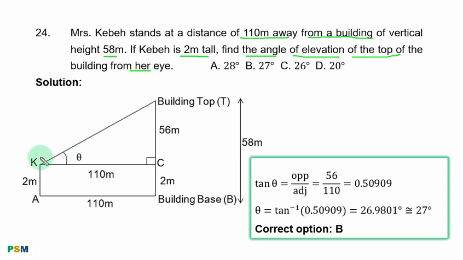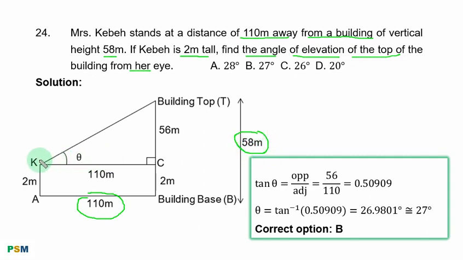Solution. This is Kebe, 2 meters tall, vertical building. The distance of the woman from the foot of the building is 110 meters. The height of the building is 58 meters.